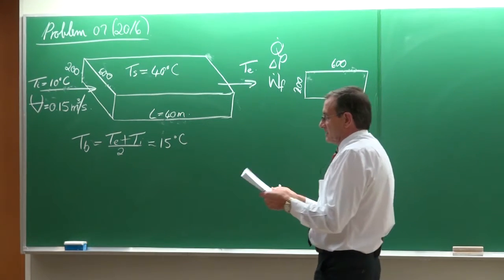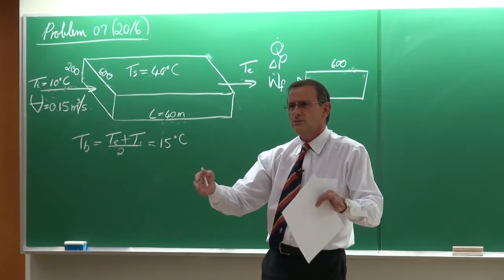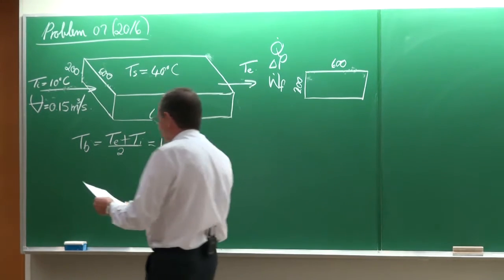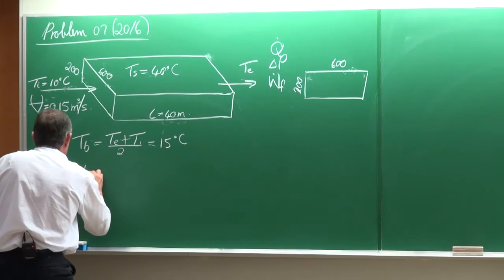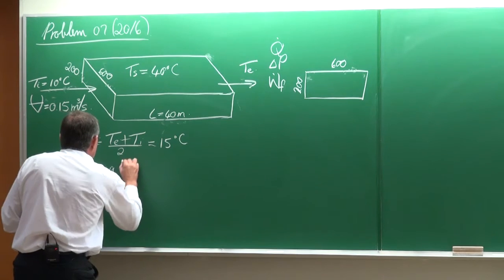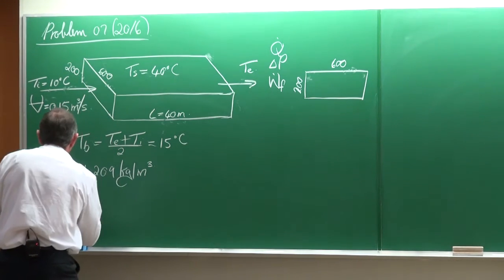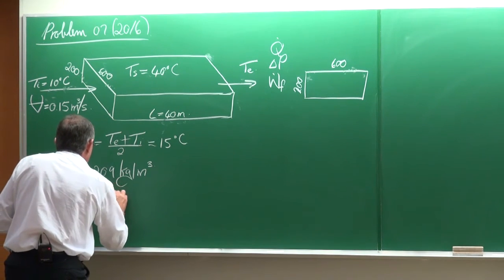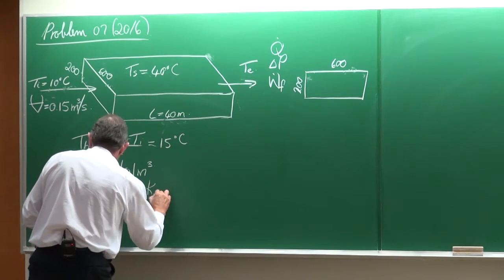Okay. So at that temperature, in table A15 in your textbook, you can get the properties of air, or you can get it anywhere else you want. And the properties of air would be the following: 1.209 kilograms per cubic meter for the density, at 15 degrees Celsius. The Cp value is 1004 joules per kilogram Kelvin.